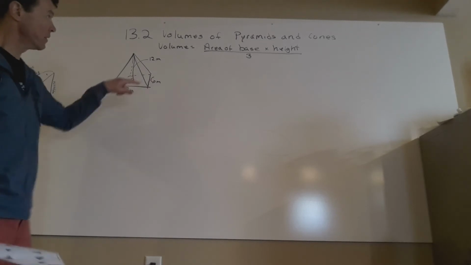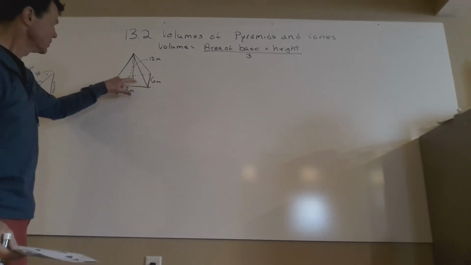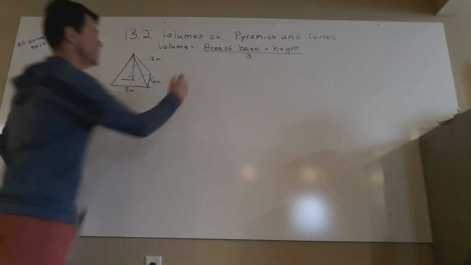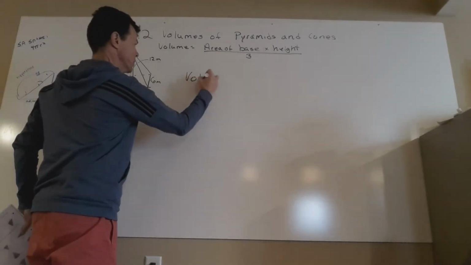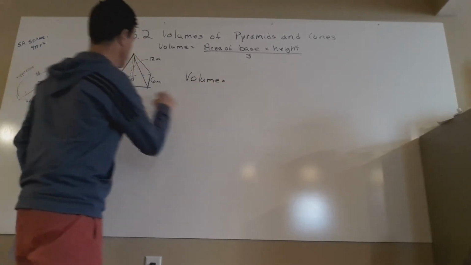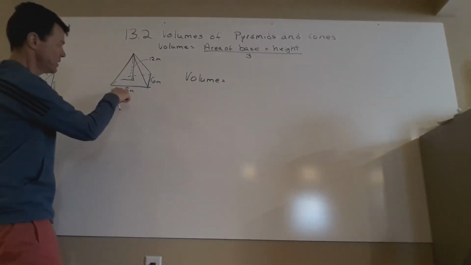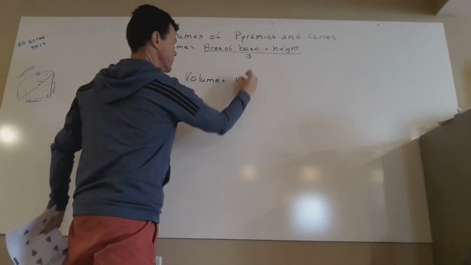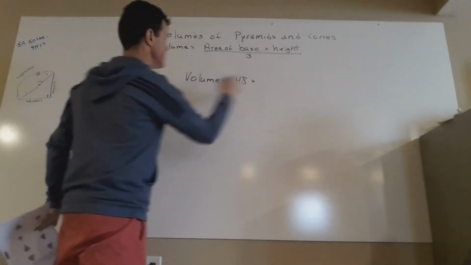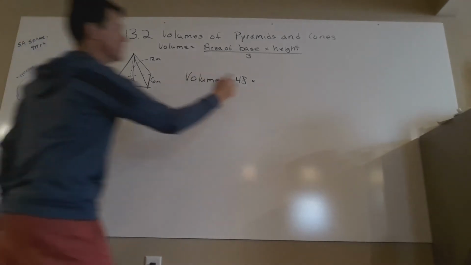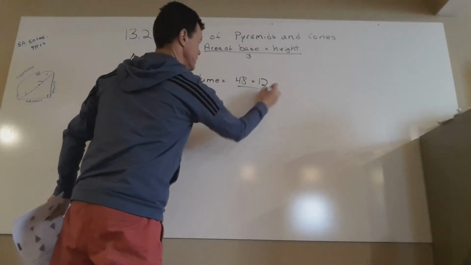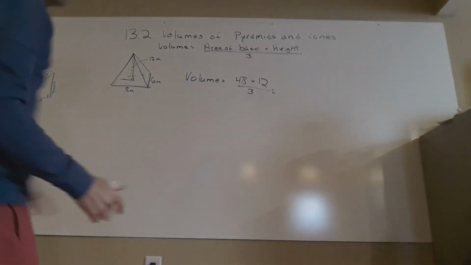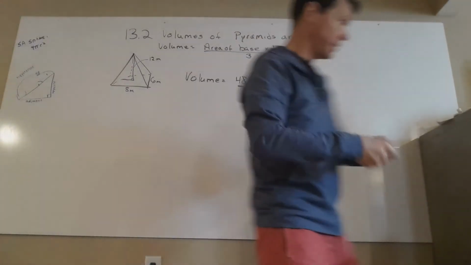So remember, area of the base times the height divided by 3. So then volume is going to equal area of the base, 8 times 6, or 6 times 8, is 48, times the height, 12, all that divided by 3. 48 times 12 divided by 3.